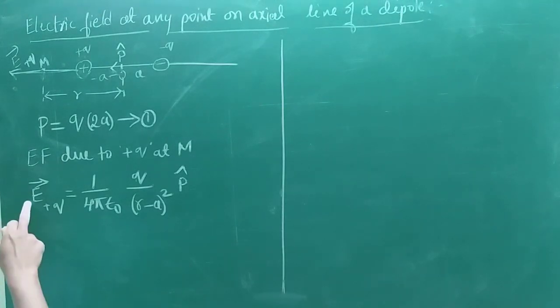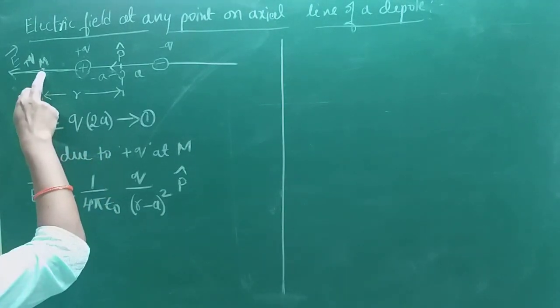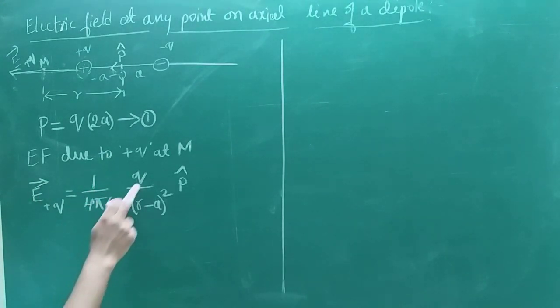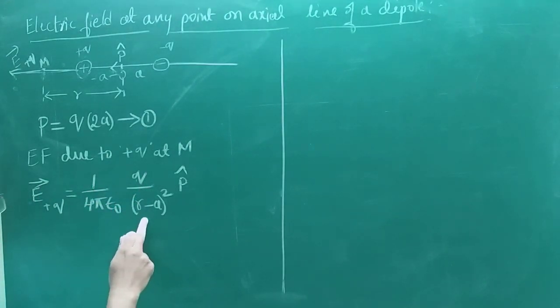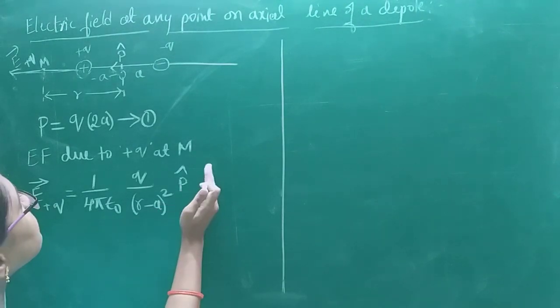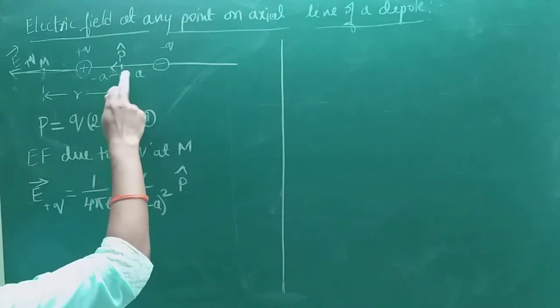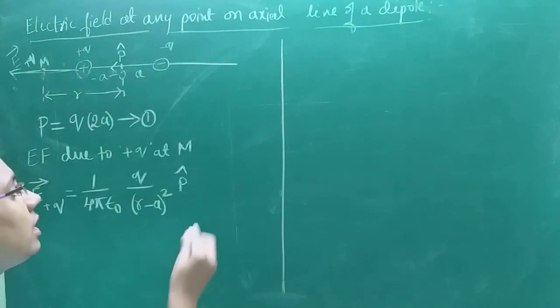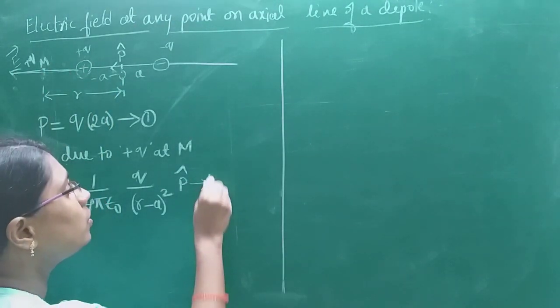That's why the expression for the electric field at M due to plus Q is vector E plus Q equals 1 by 4 pi epsilon naught Q by (r minus A) whole square into p cap, acting along the direction OM, O to M. Let us take this as equation 2.